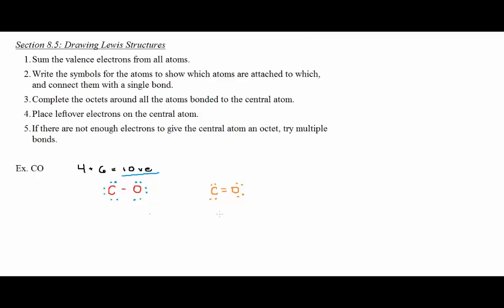So what that tells me is a double bond is not enough. I need a triple bond. So I'm going to triple bond carbon to oxygen. So that's 2, 4, 6. I'm going to put 2 electrons here and 2 electrons there. I'm following the octet rule, and I'm only using 2, 4, 6, 8, 10 valence electrons. So this right here is my Lewis structure for carbon monoxide.